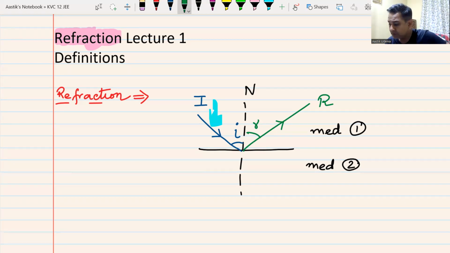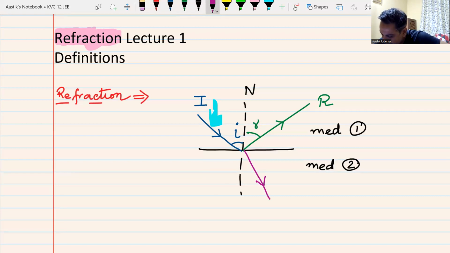But a part of it will be going into the next medium, which is medium number 2. So whenever a ray of light travels from one medium, the first medium where you have the incident ray, known as medium 1, to the second medium, known as medium 2, it bends.